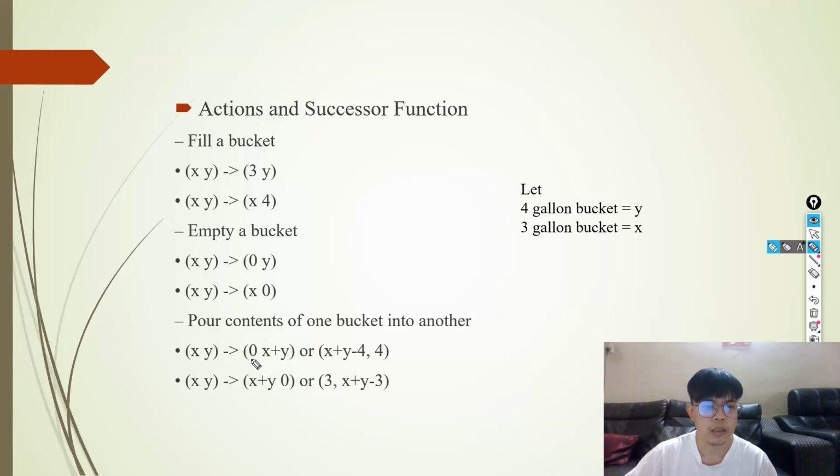Then it will be (0, x + y) or (x + y - 4, 4), which is equal. For the other bucket it will be (x + y, 0) or (3, x + y - 3), which is also the same.